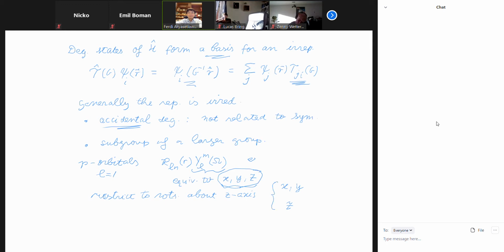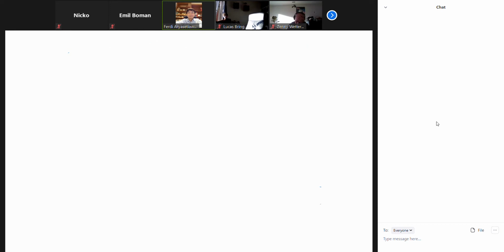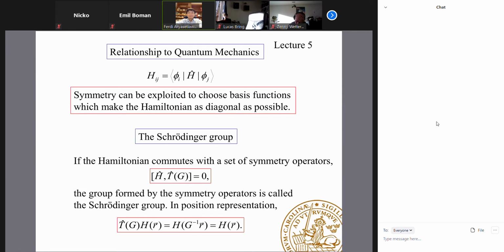It means that it's reducible into two irreducible subspaces. So x and y transform among themselves, and the z transforms to itself. This is what we mean by reducible in this case. So we go back to what we have here.